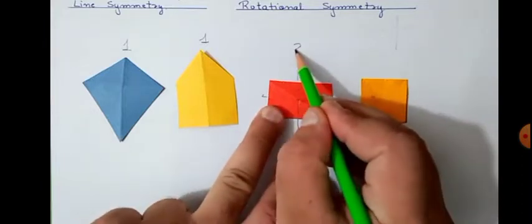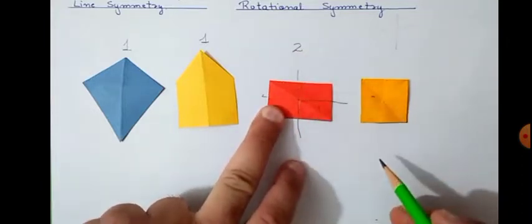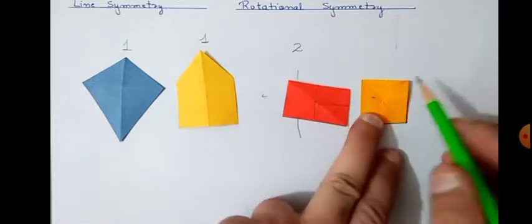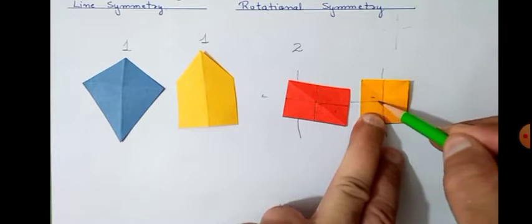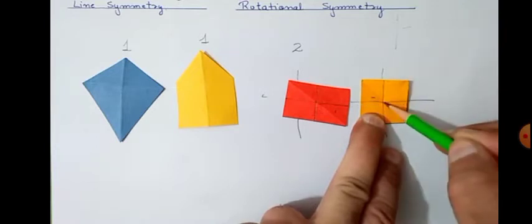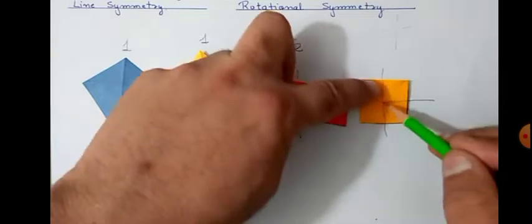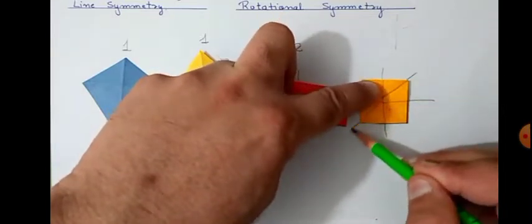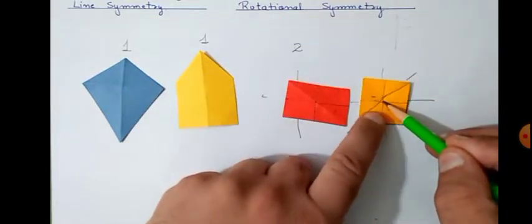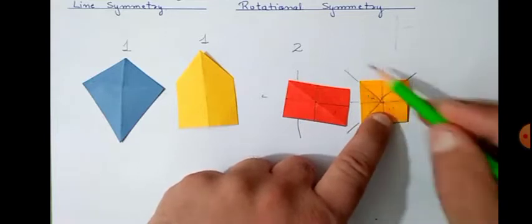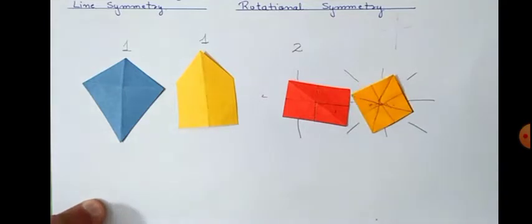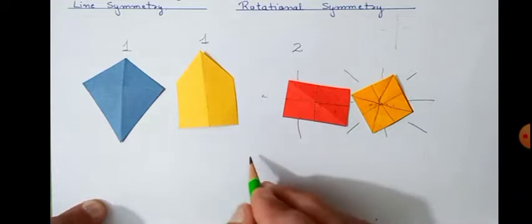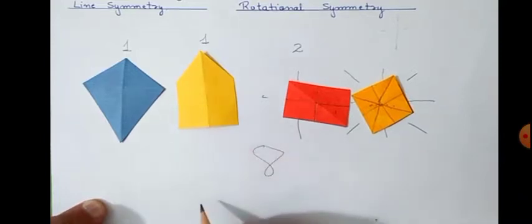Both have the same part. And a square has four lines of symmetry. One, two, sides through two, and two from the diagonal. Okay. So any figure has one line of symmetry or more than one line of symmetry, or it may be zero also.